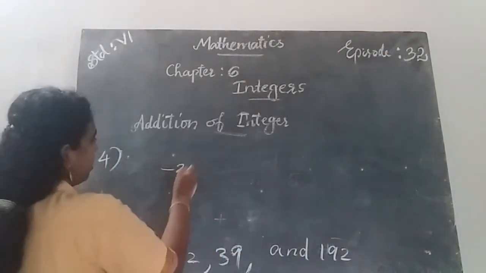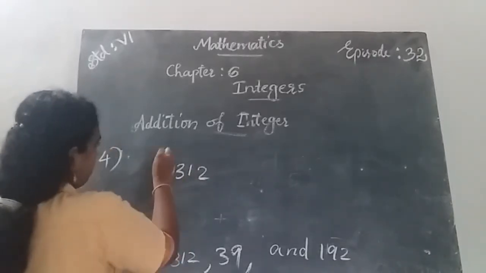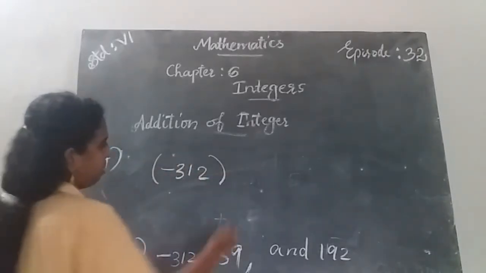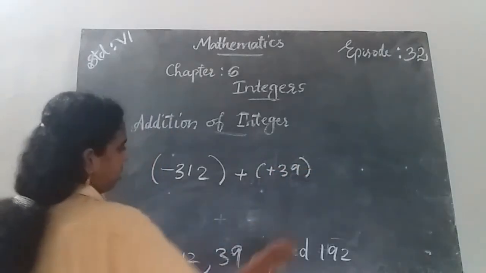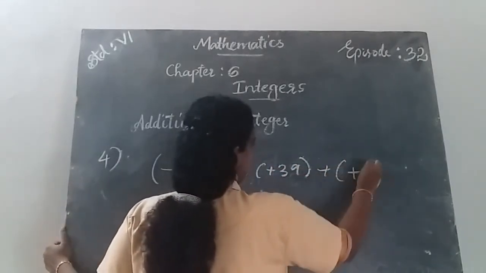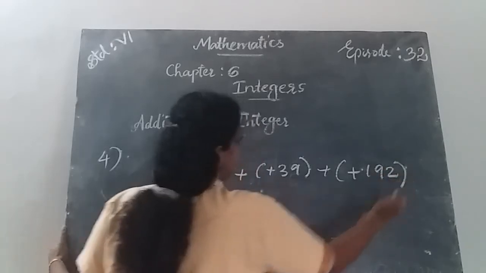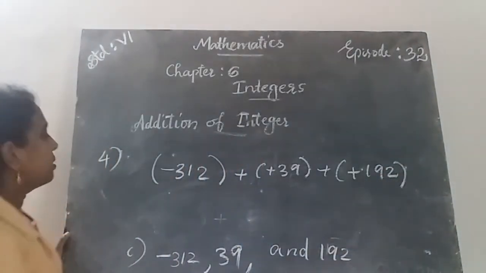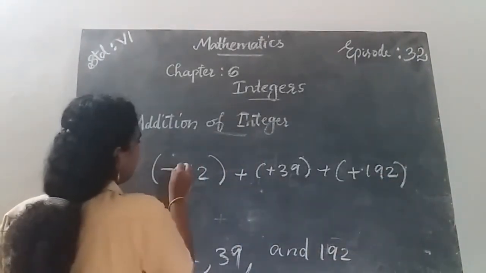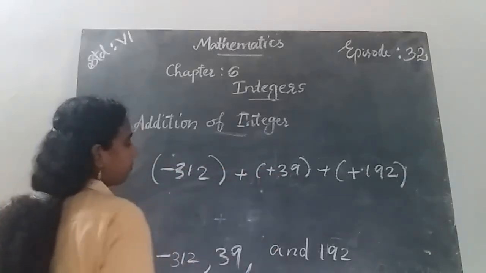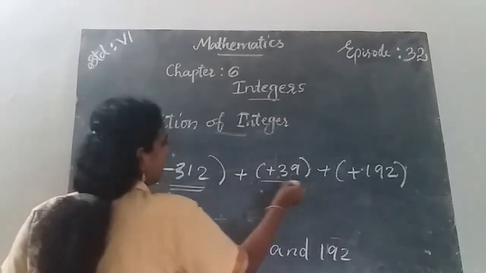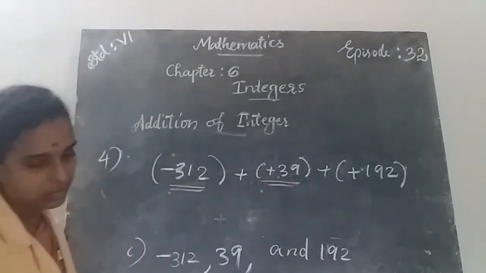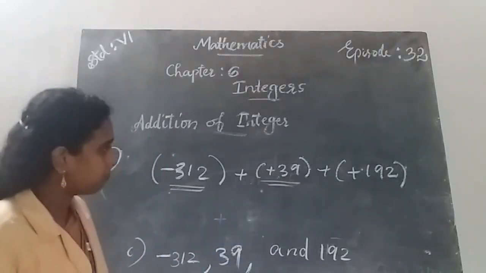So write the numbers: negative 312 plus positive 39 plus positive 192. Here the first numbers are negative 312 and positive 39. So it's a negative integer and it's a positive integer.